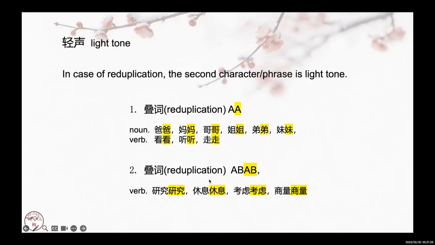So another situation of this reduplication is about the phrase. It is usually about two reduplicative verbs. For example, when you are tired, you want to take a rest. You may want to say, I want to have a rest. In Chinese, maybe you want to have a rest for a short period of time.